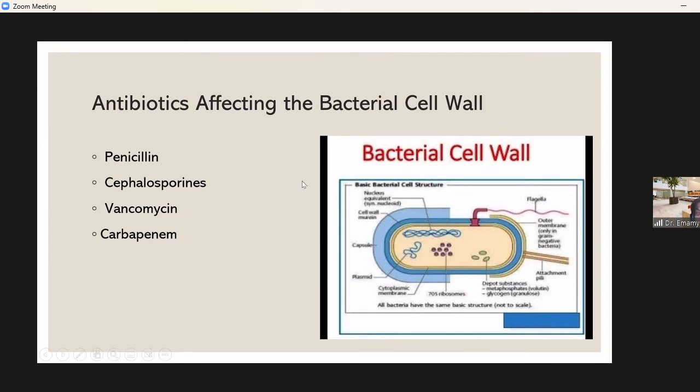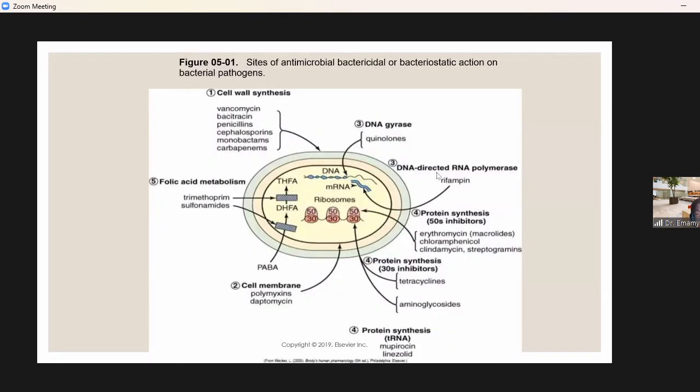Which one is an inhibitor of formation of bacterial cell wall? Vancomycin. So you choose vancomycin. So remember, penicillins, cephalosporins, vancomycin, and carbapenem block or inhibit formation of bacterial cell wall. This is their mechanism of action. Aminoglycosides block protein synthesis.